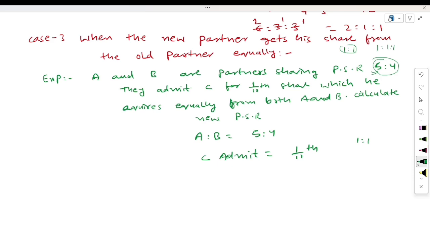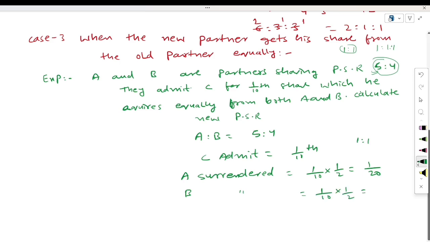Now we have to check how much share A will sacrifice and how much share B will sacrifice on behalf of C. A surrenders 1 by 10th of 1 by 2, which is 1 by 20. B will surrender 1 by 10th of 1 by 2, because equally in the sense 1 ratio 1, which is 1 by 20. This share will be surrendered by A and B.